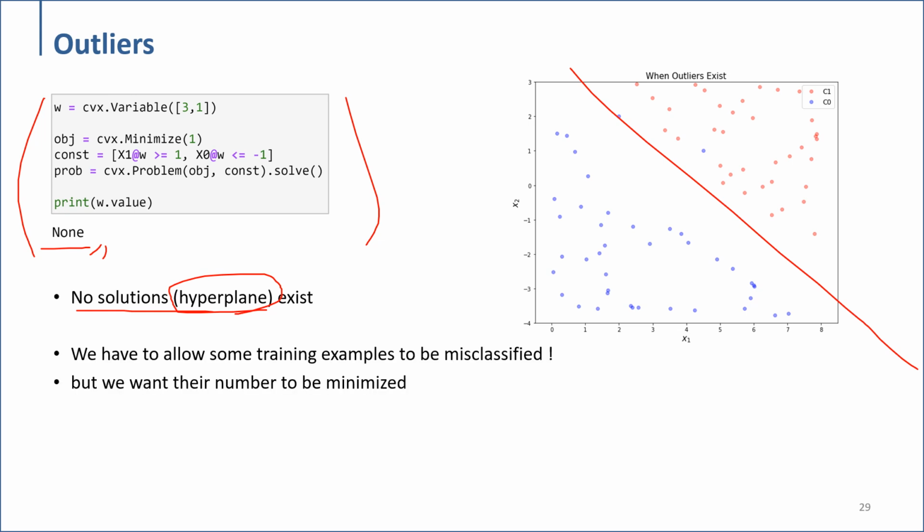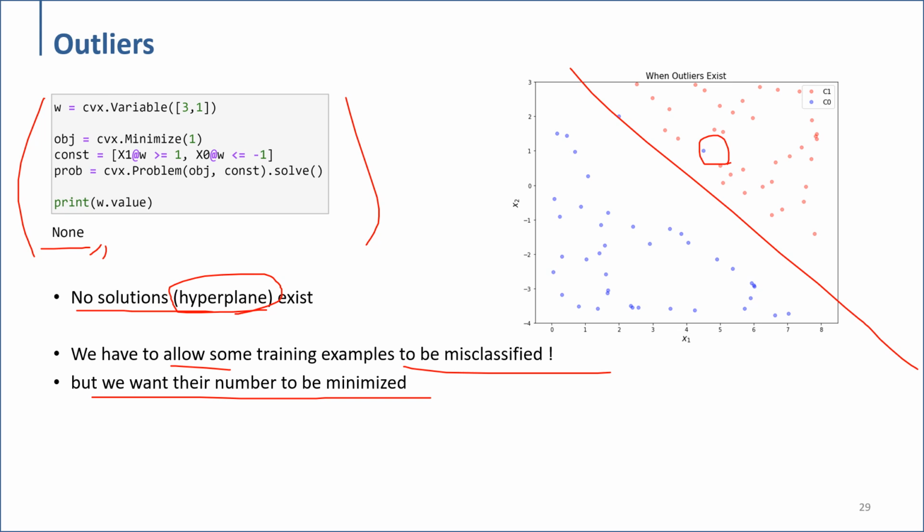In that case, we have to allow some training examples to be misclassified. At the same time, we want their number to be minimized.